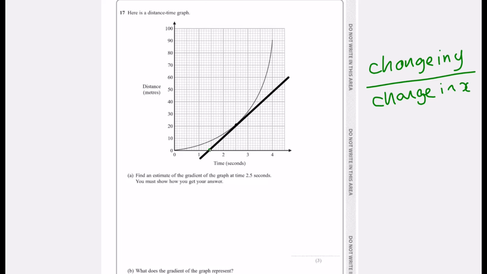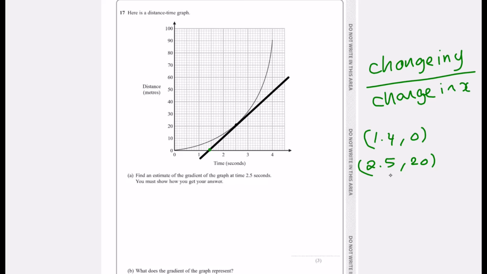So let's go with 1.4, 0. And we could go with 2.5, 20. Or we could go up here, 4.5, 57 or something. It doesn't matter. 2.5, 20.